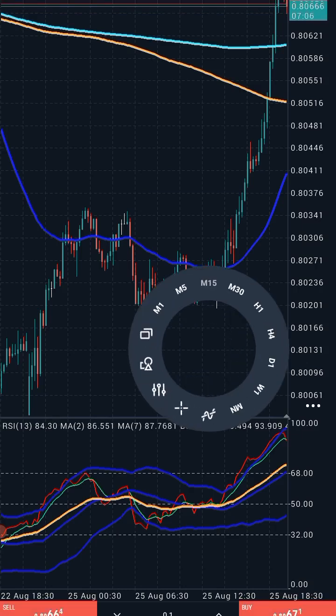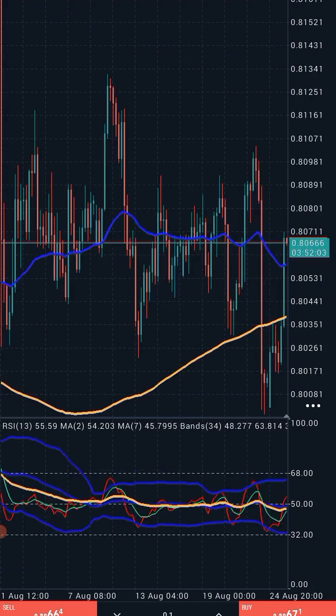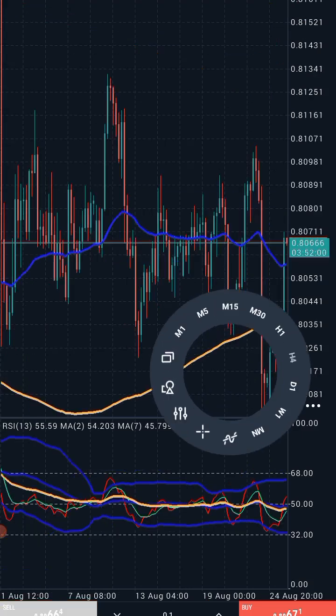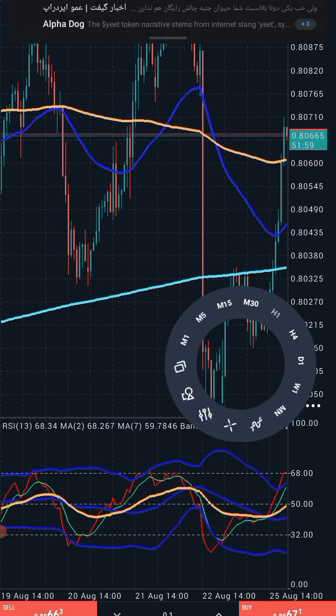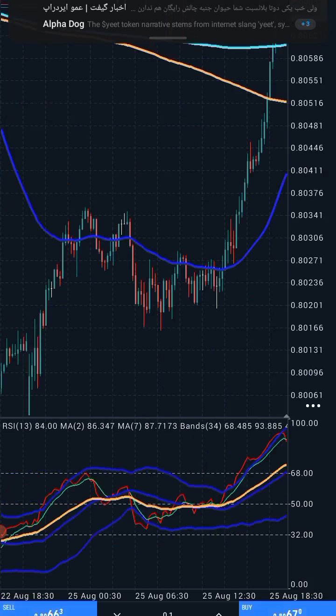Now, for example, I usually use the 4 hours time frame, which is my first time frame, followed by the 1 hour time frame, and then the last, which is the 15 minutes time frame.